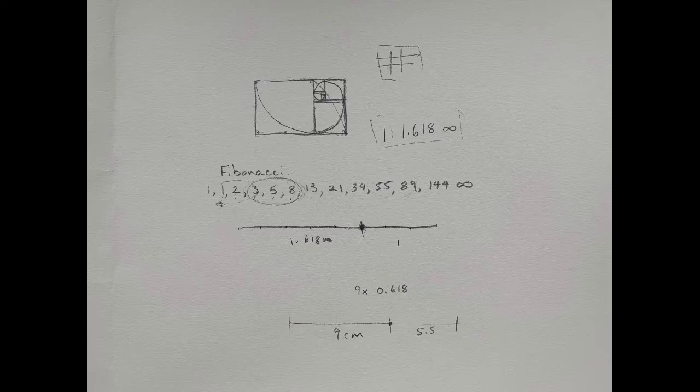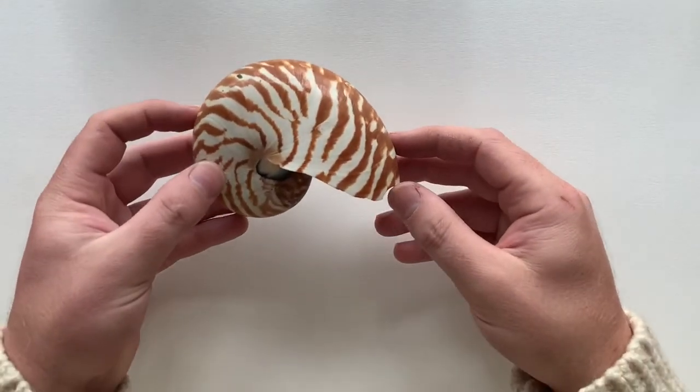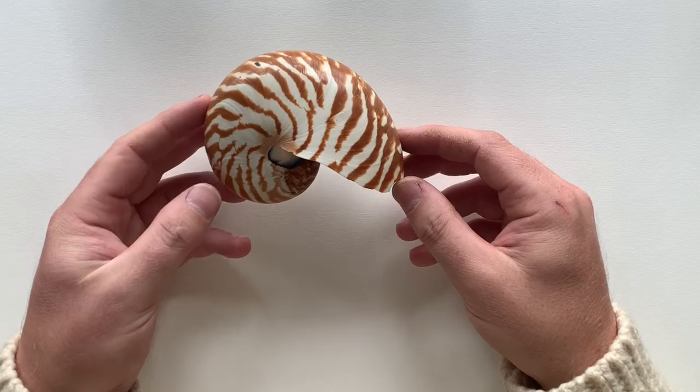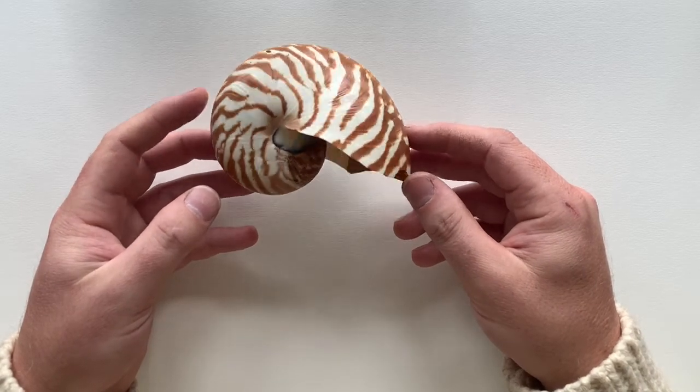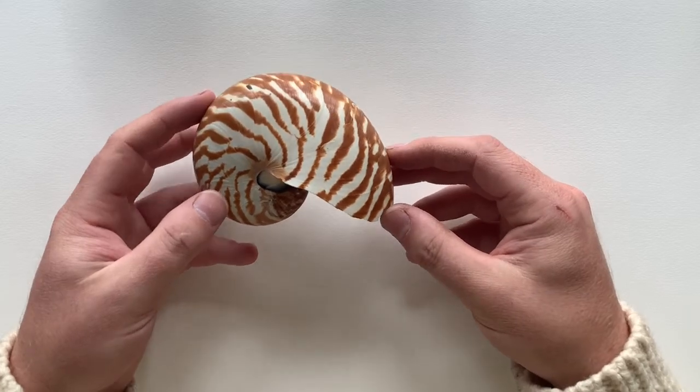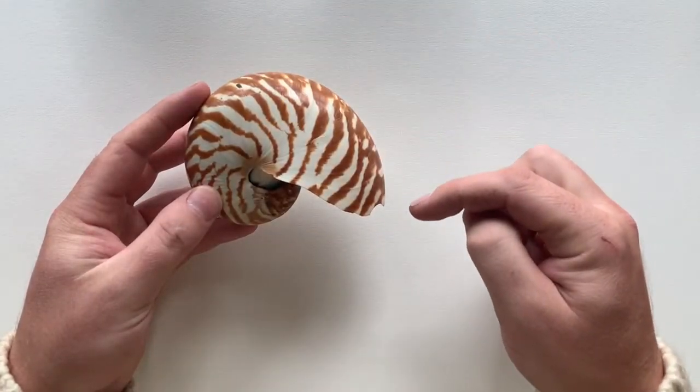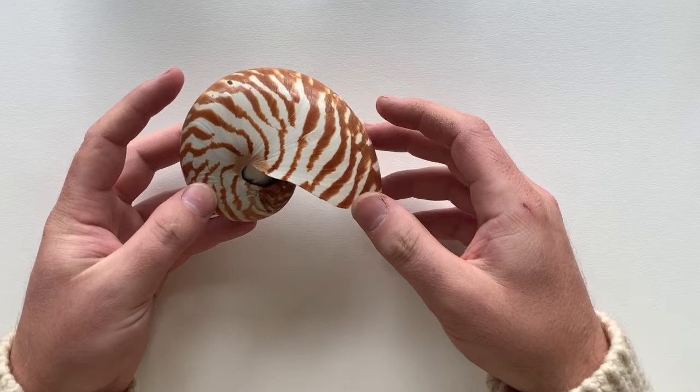So the first thing I want to deal with is when we see it in nature. I showed you the Nautilus shell before, being a classic example of that spiral that we see.